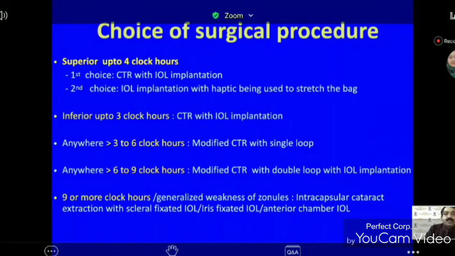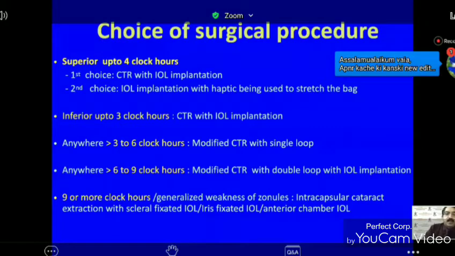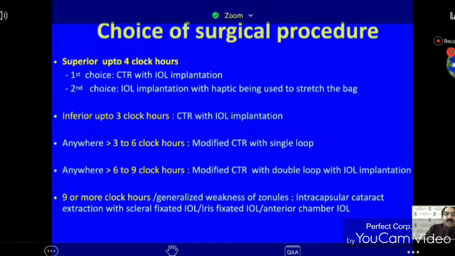The choice of the surgical procedure is important, and here I would like to express that a CTR is an important aspect, and I'll dwell on this slide for a minute. The first choice is a CTR with IOL implantation in a superior subluxation up to 4 clock hours. The second choice is an IOL implantation with the haptic being used to stretch the bag. For inferior subluxation up to 3 clock hours, CTR with IOL implantation.